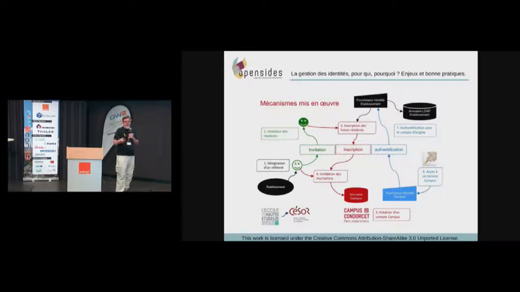And as soon as it's done, you have a unique link between the user at the campus and his identity in his university. So each time he connects to the campus, he goes through his identity of origin through the federation, and then we can validate inside the campus that this person has the authorization to connect to this kind of software.